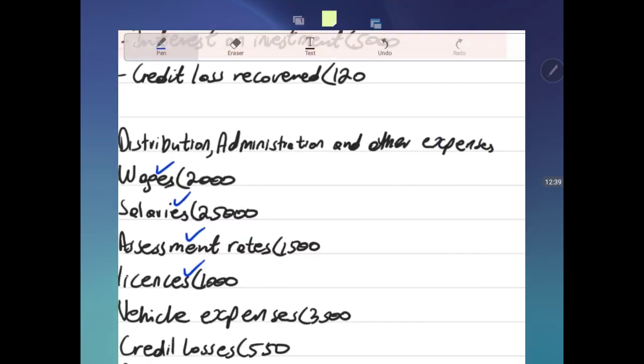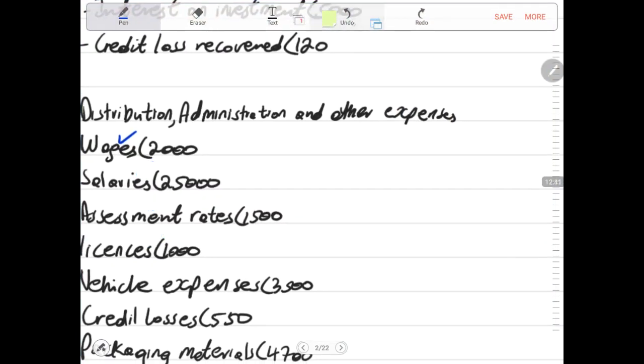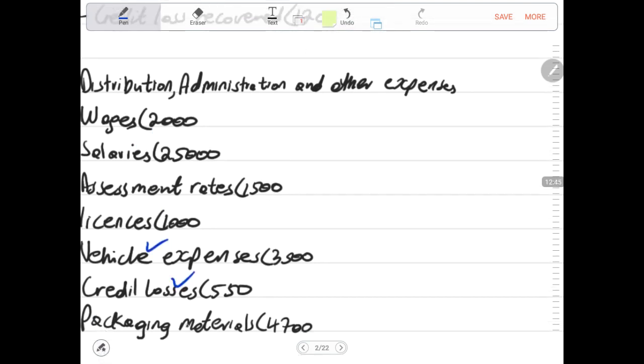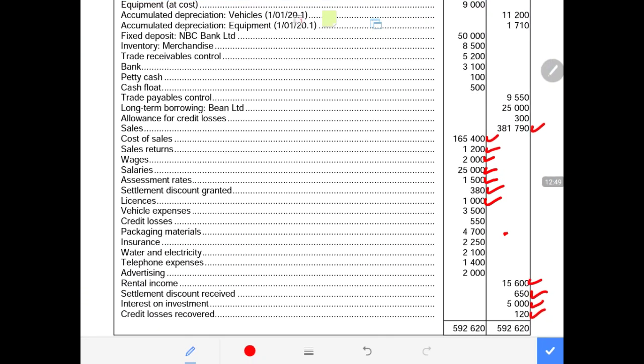Then we look for the other expenses again. Other expenses that we have, it is vehicle expense, credit loss, and packaging materials. Now we look for those expenses: vehicle expense, credit loss, packaging materials, 3.5, 550, and 4.7. Then another one, it is insurance, 2,250.